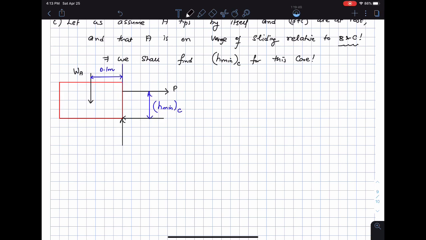So this is going to be NAB, and then F mu AB, which is equal to mu AB times NAB. I have this contact point, which I will label as the point J, because I'm almost running out of alphabetical letters here. I have to start using probably a different language.